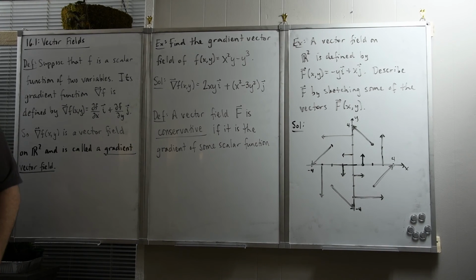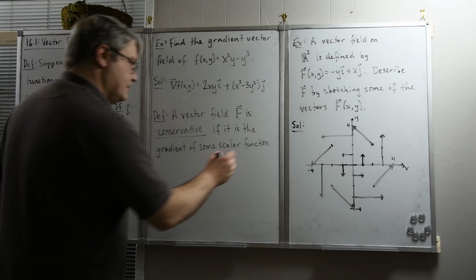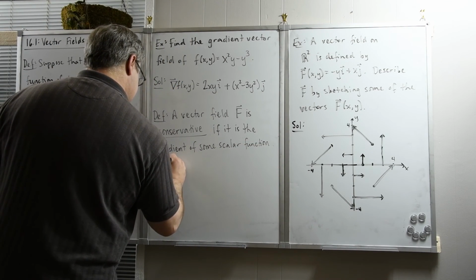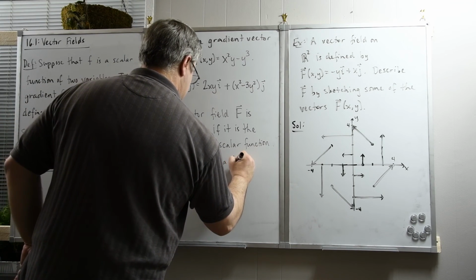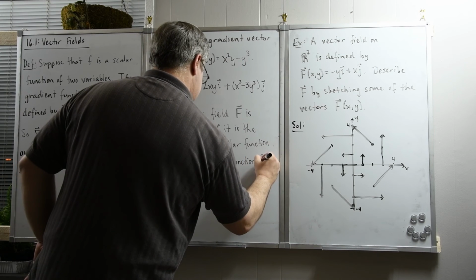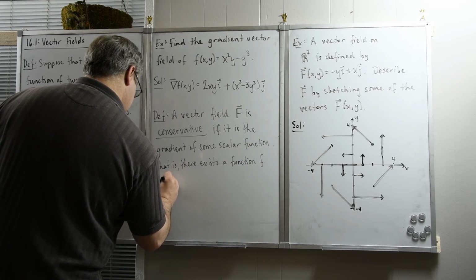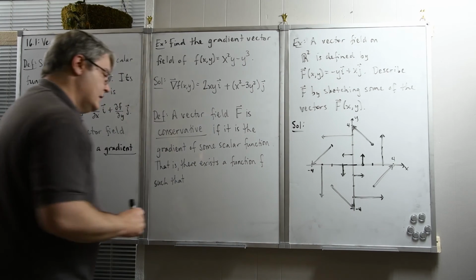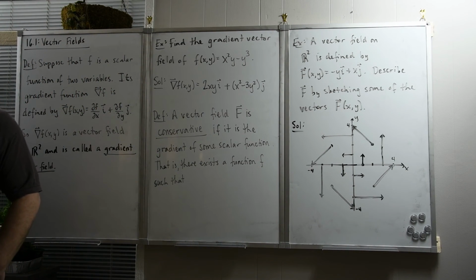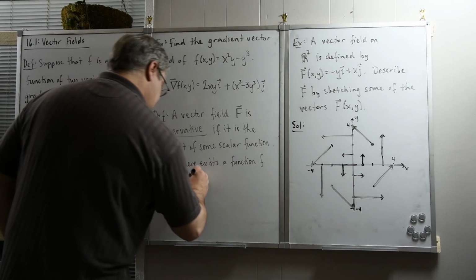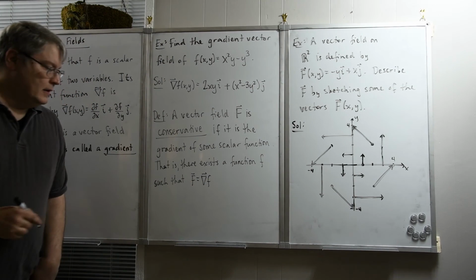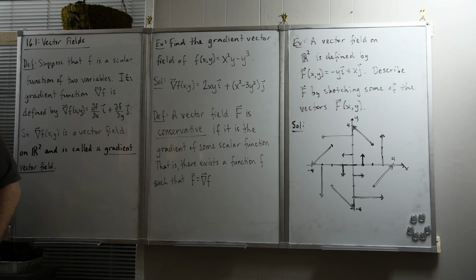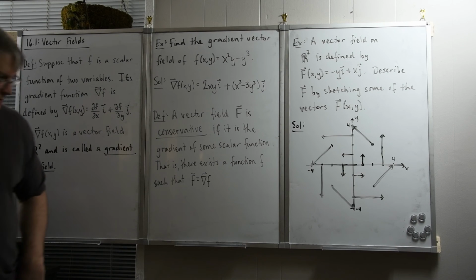So if you think about what that really means, it means that there exists a function little f such that big F is the gradient of little f. Now, this function, little f, is called a potential function for big F.